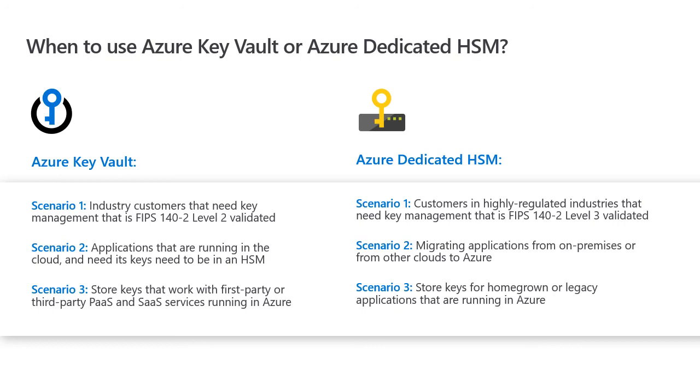So in the case of, for example, where you're a customer that operates in a highly regulated industry that will need key management that is FIPS 140-2 Level 3 validated, or you already have applications on premises that require such dedicated hardware just to encrypt your security keys, and you're moving that to Azure, instead of using normal Azure Key Vault, you should use Azure Dedicated HSM.